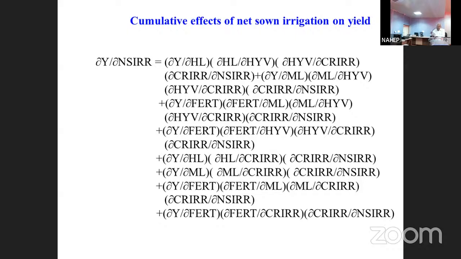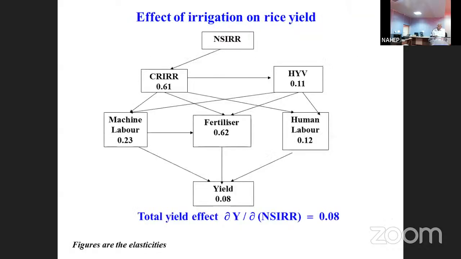So irrigation will affect through fertilizer, through machine labor, through crop irrigated area, and so on. That process goes on, and if you present it graphically, this is the graphic presentation of that combination of mathematics.